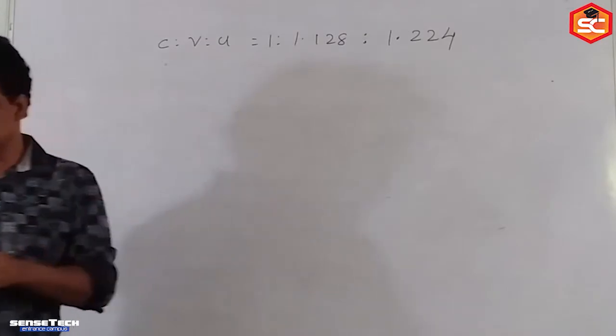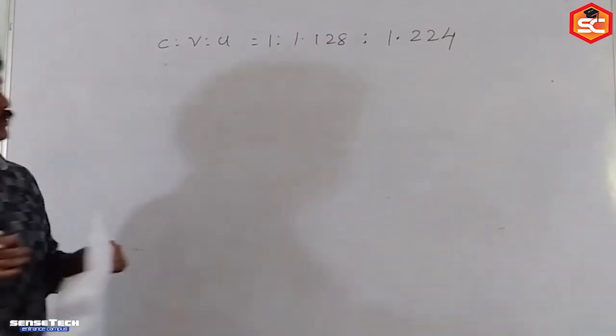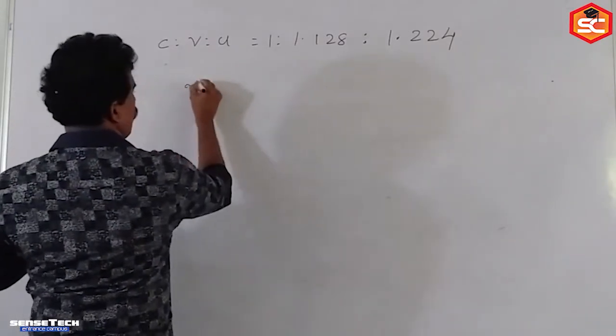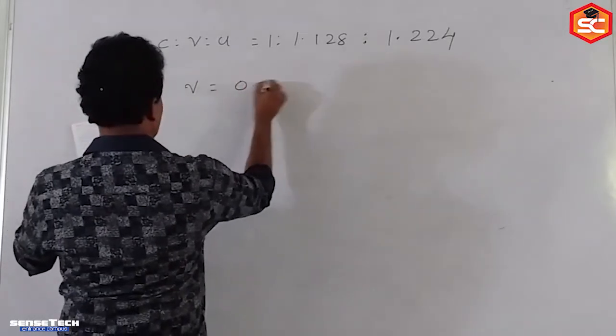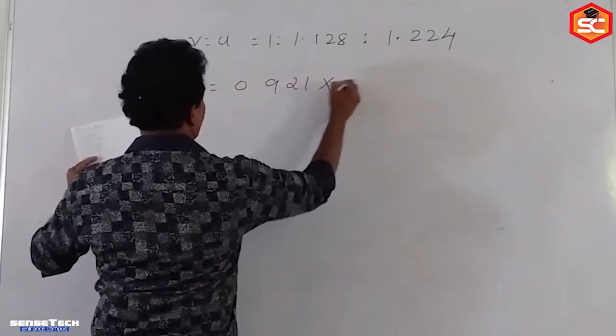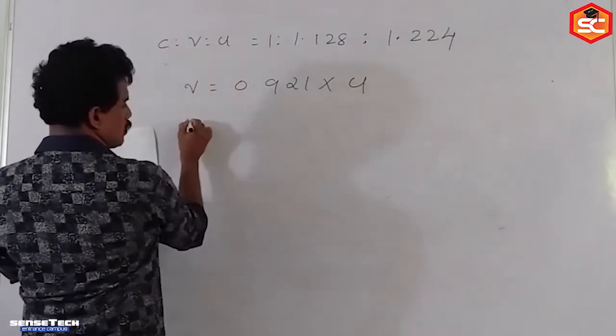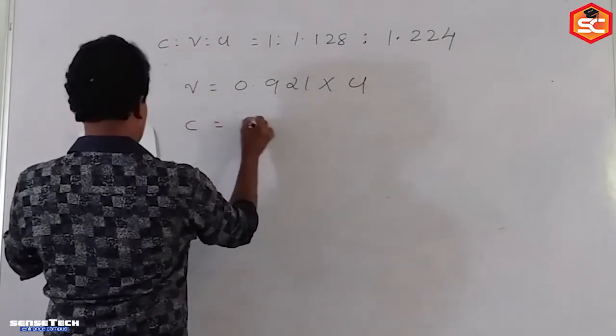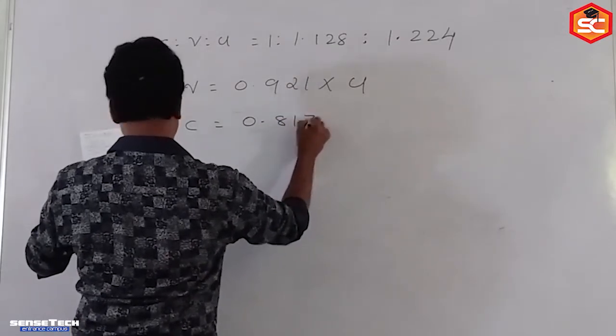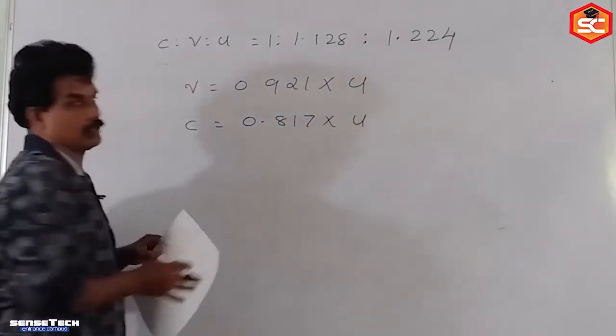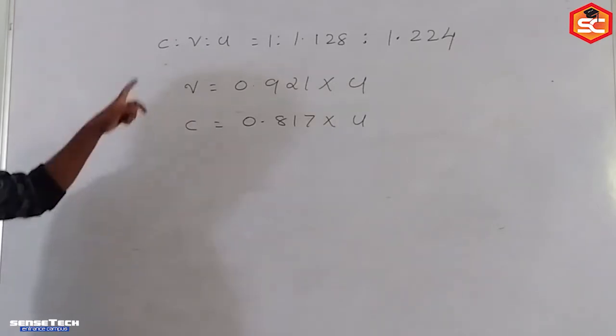Then this is also related as: V, the average velocity, is equal to 0.921 into RMS velocity, or C, most probable velocity, is equal to 0.817 into RMS velocity. This is the relation between these velocities.